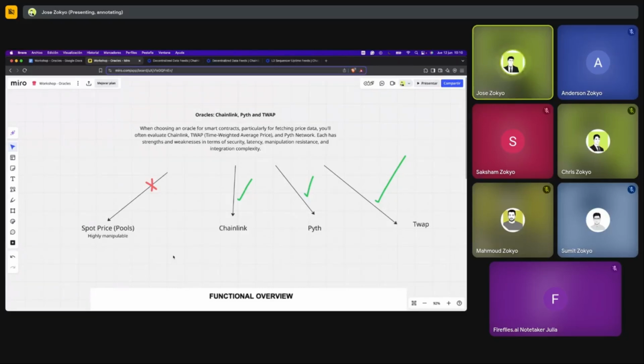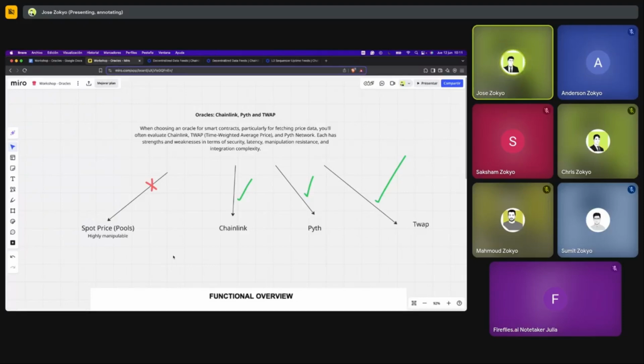But the key point is that this check can also be manipulated. So this is not a good option, and this check is not going to protect the system and the smart contract from a hack because of oracle manipulation, in this case, the spot price.